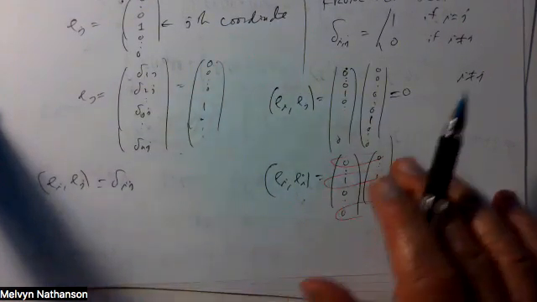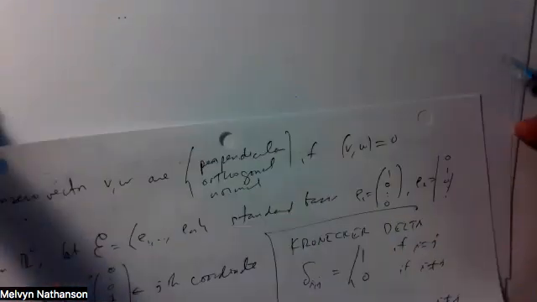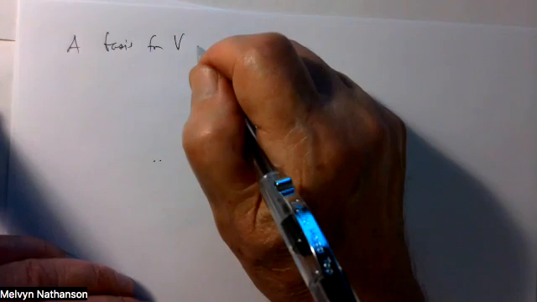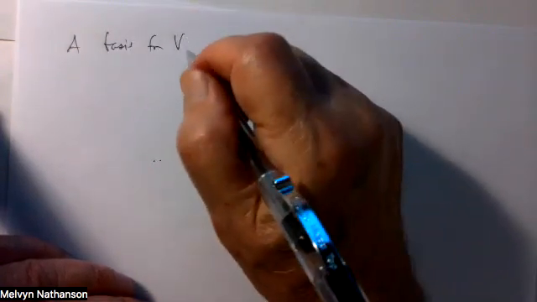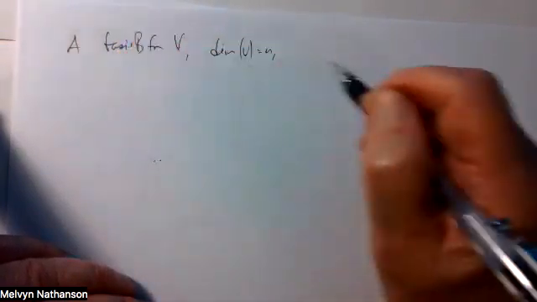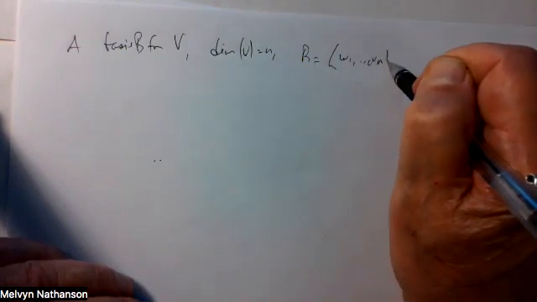And so we say that a basis for a vector space V, let's say the dimension of V is n, and my basis, let me call it B, consists of the vectors w_1 up to w_n.